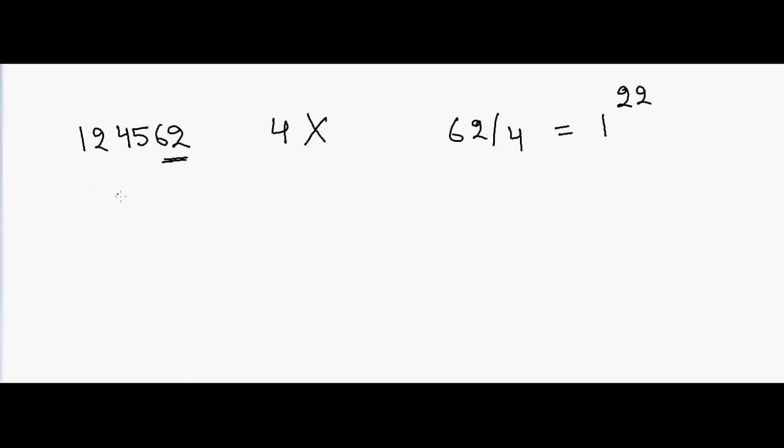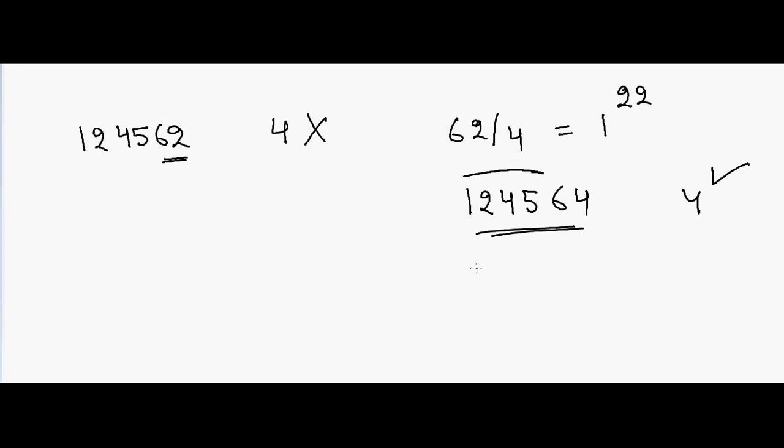So how can I modify this number? If I change the ending so that I make 1, 2, 4, 5, 6 and 4 here, then this number should be evenly divisible by 4. And I can modify this number in any way.